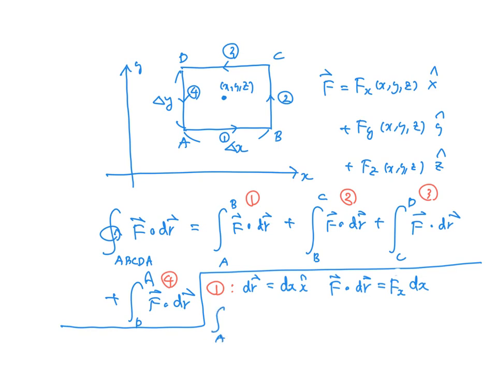So this integral from A to B of fx dx, with some midpoint x bar, y minus delta y over 2, z, will be given by fx at x bar, y minus delta y over 2, z, times delta x, right?